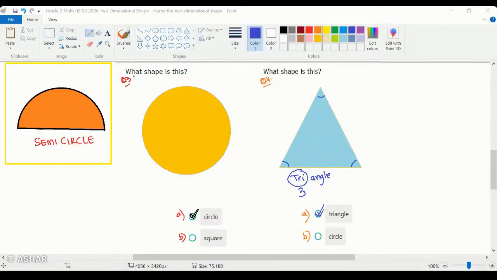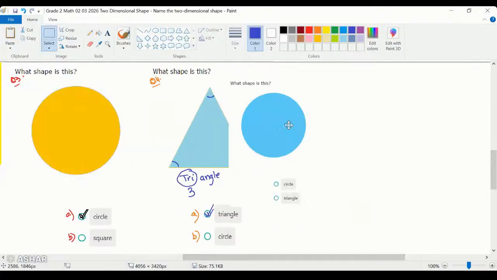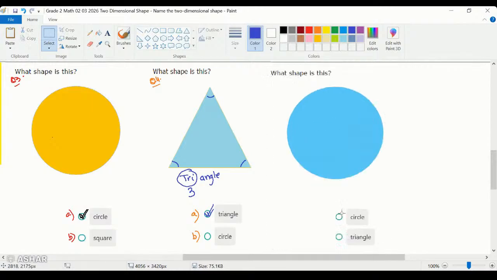The next shape they are saying, what is the shape given to us? These are the questions that are available. Question number 5.